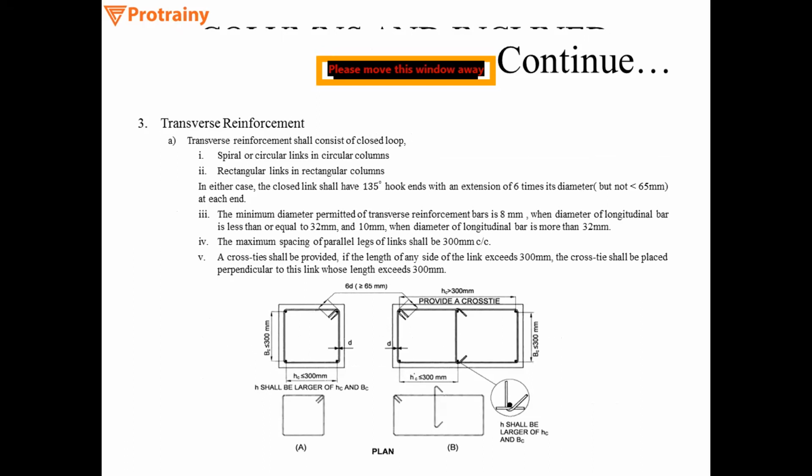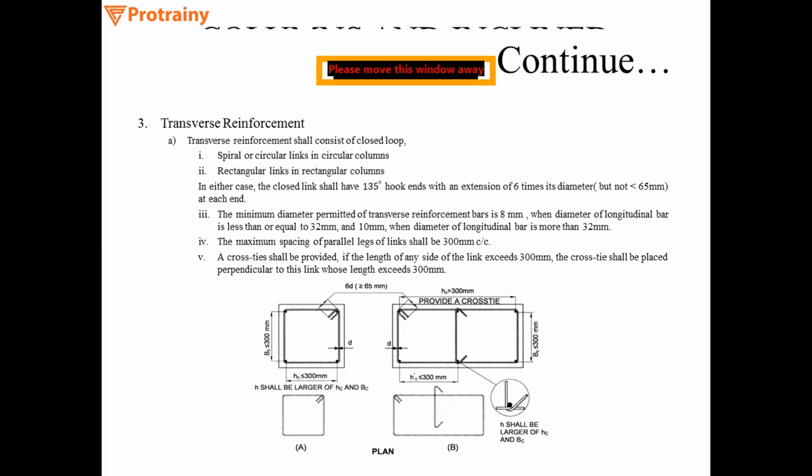In either case, the closed link shall have 135-degree hook ends with an extension of 6 times the diameter and not less than 65 mm at each end. As I have told you earlier, the 135-degree angle is mandatory for seismic considerations.